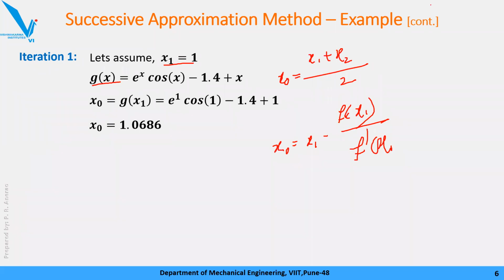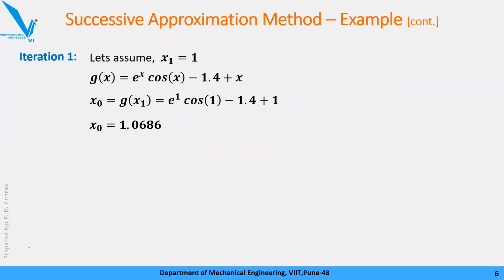So this was your formula for Newton-Raphson method. But in successive approximation method, a student doesn't need to remember any formula. Whatever function you came up with, g of x, that is your formula to calculate the next value of iteration. So that's why I have told you it's one of the easiest ways to get to the root. So x0 मिला आपको, आपने क्या किया, x1 का वैल्यू g of x में डाल दिया, बस you got x0 value.